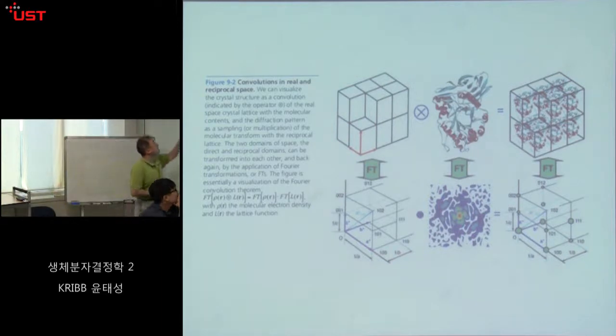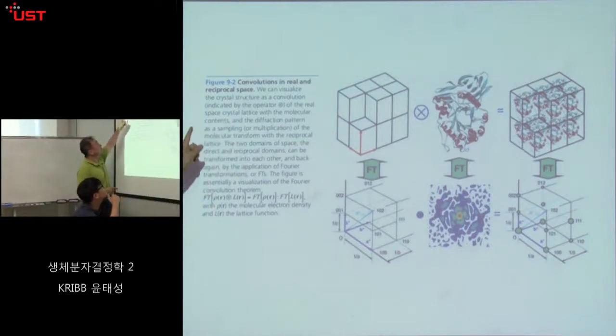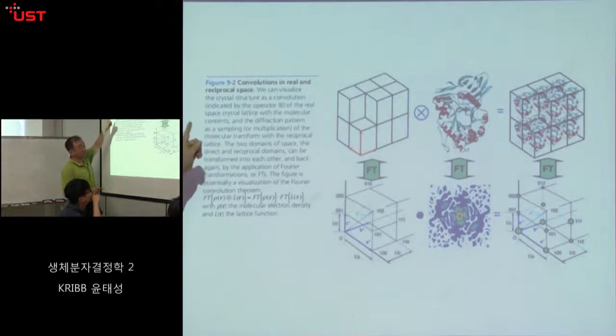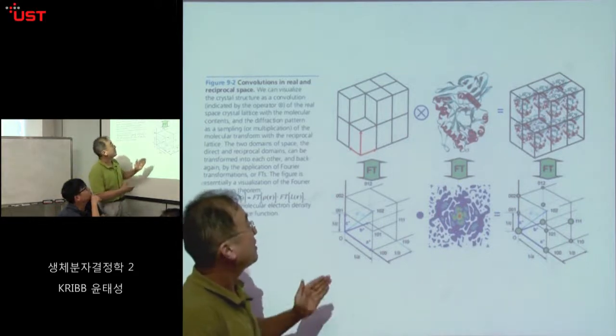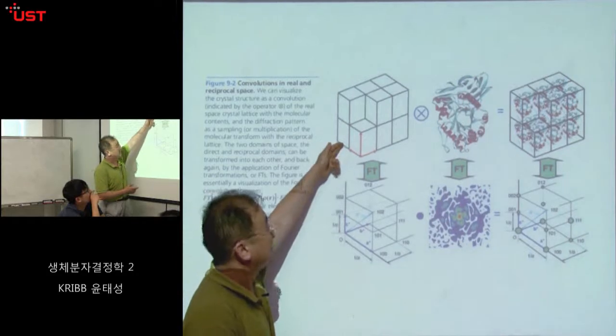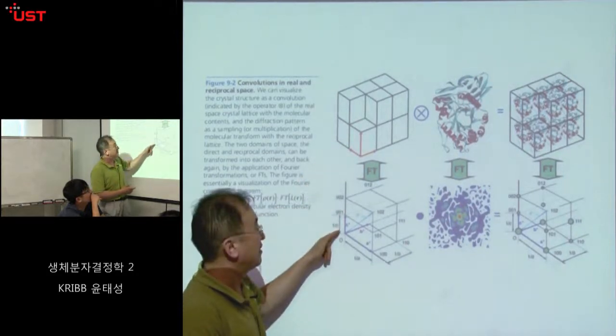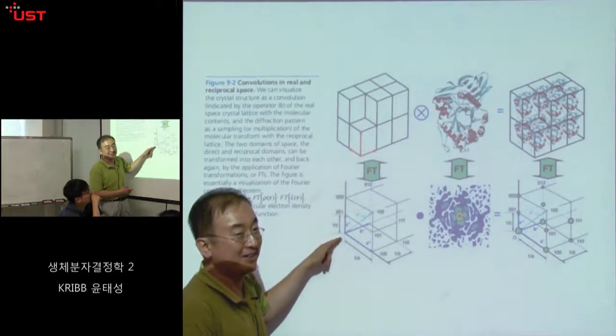Here, real space and reciprocal space. The word convolution. I'll not explain the word convolution, but take this as an exercise in vocabulary. Here, real lattice. What lattice do we have here as a Fourier transform pair? This is a quick quiz.